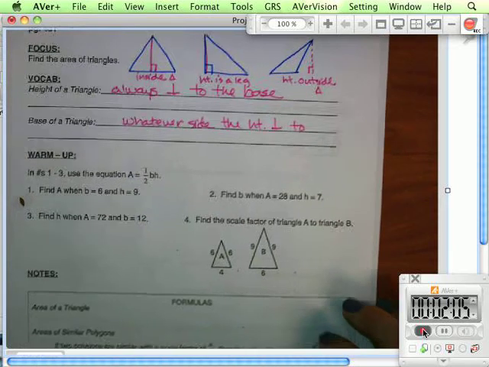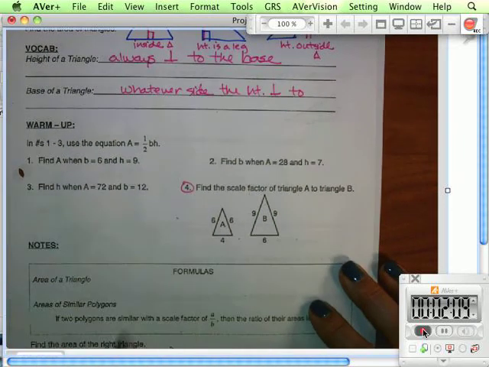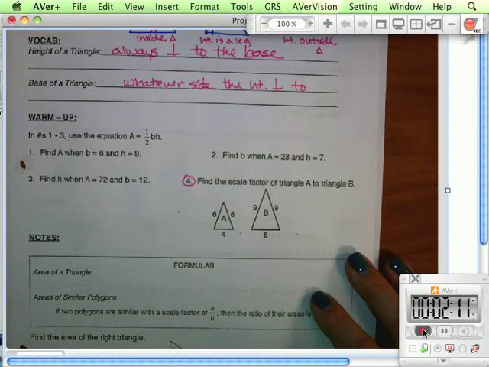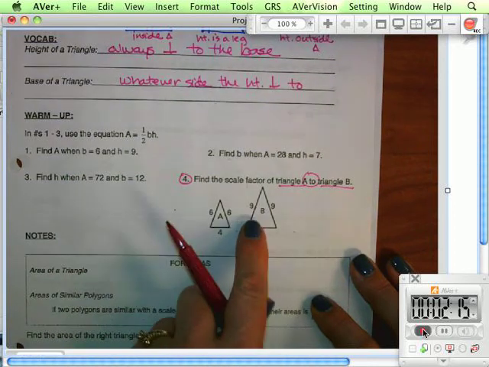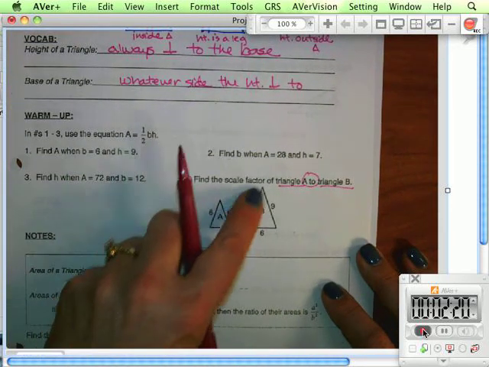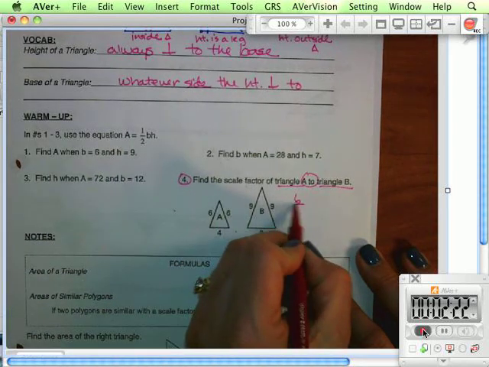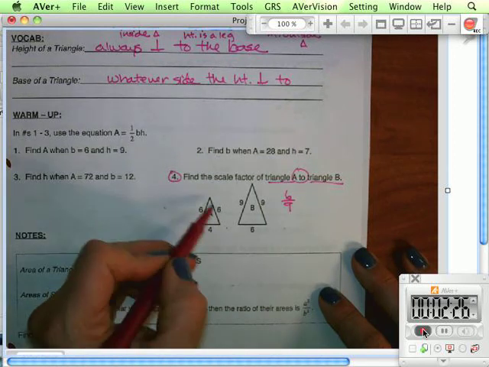All right, for the sake of time, we're not going to do 1, 2, and 3, but I do want to remind you about 4 here. Find the scale factor of triangle A to triangle B. So we're going to go from A to B, just with corresponding sides. This side corresponds to this side, so I'm going to say 6 is to 9. Same with this one, 6 is to 9.